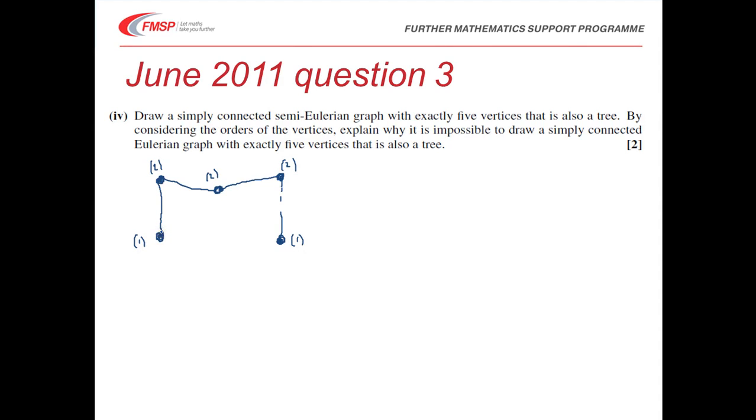By considering the order of the vertices, explain why it is impossible to draw a simply connected Eulerian graph with 5 vertices which is also a tree. So now a tree will also always have 2 nodes of order 1.